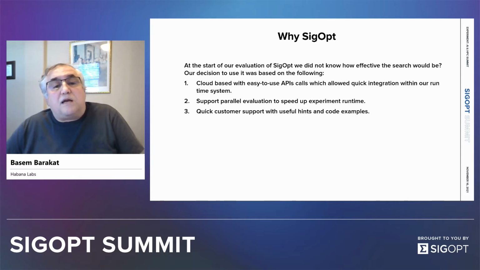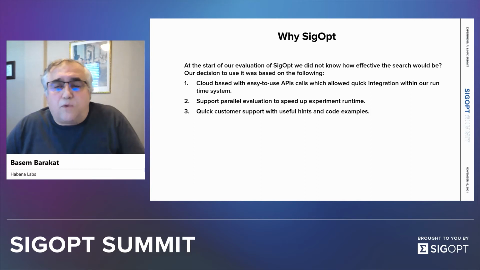But we chose SigOpt because it was an API easily integratable with our launcher. So we run on big clusters and we have a lot of launching scripts, and we don't want to deal with any other install on our system.